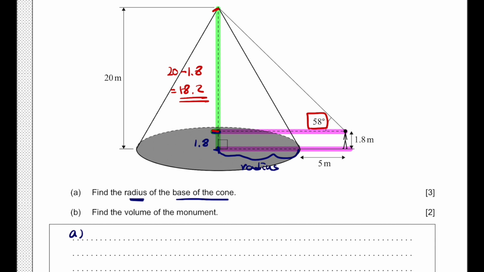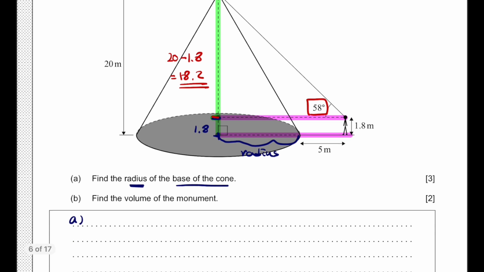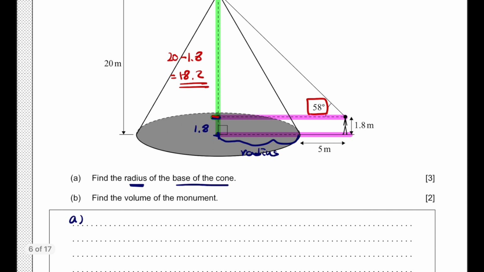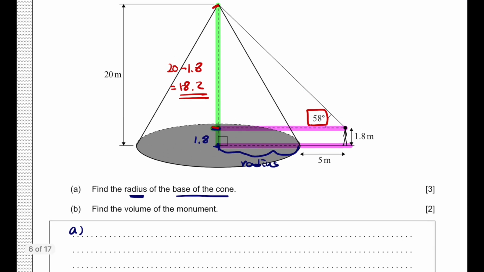This line can be the base of a triangle, and you can definitely see there's a right angled triangle forming here.